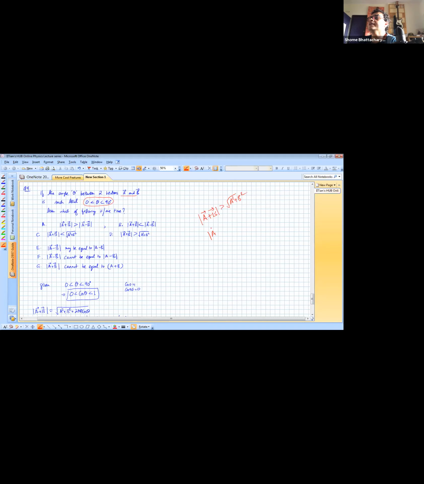A minus b's magnitude under all circumstances has to be less than root of a square plus b square. And a plus b's magnitude has to be less than, the upper limit is the sum of the magnitudes. And similarly, a minus b's lower limit is the difference of the magnitudes. This is what it is.